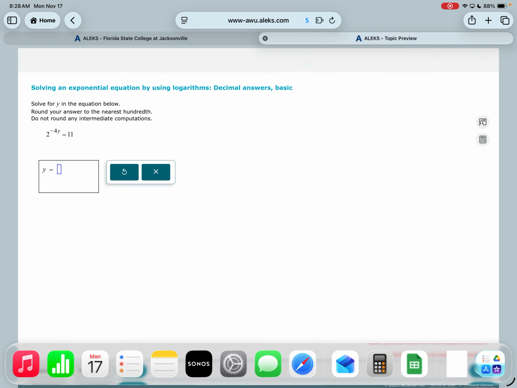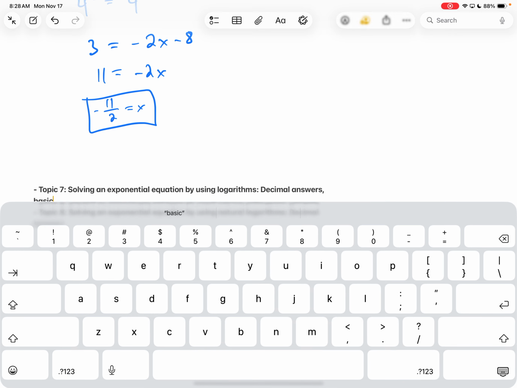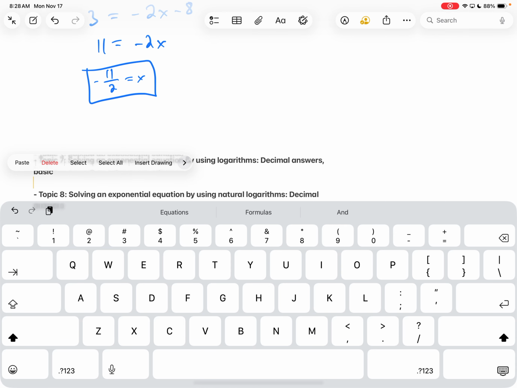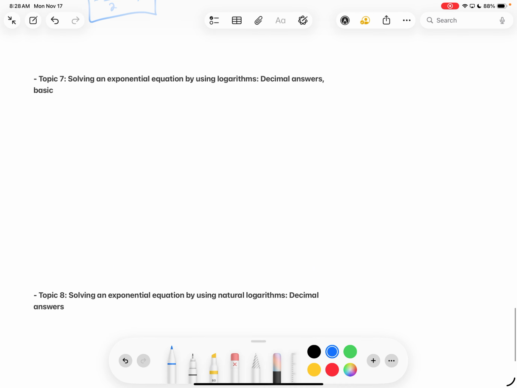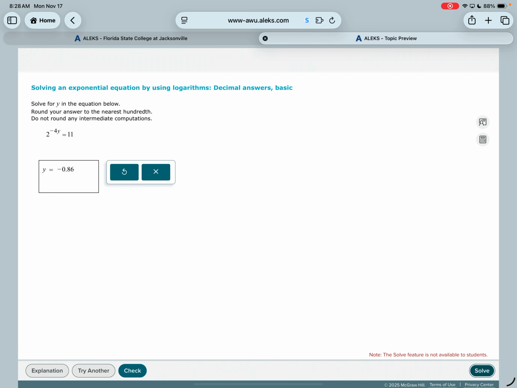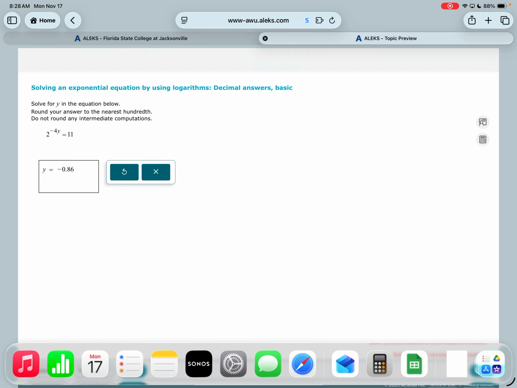To negative 4y 11. Why does that matter? We're going to see if we get the same answer.